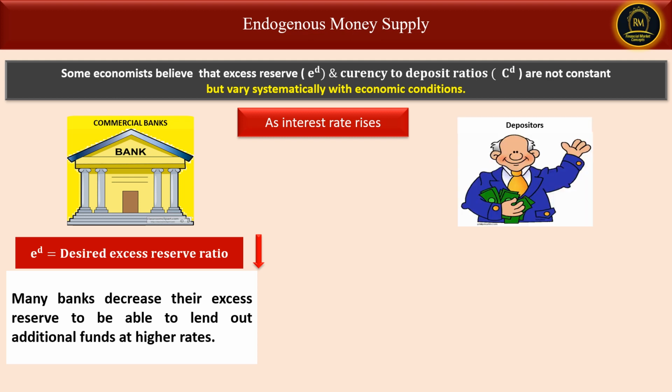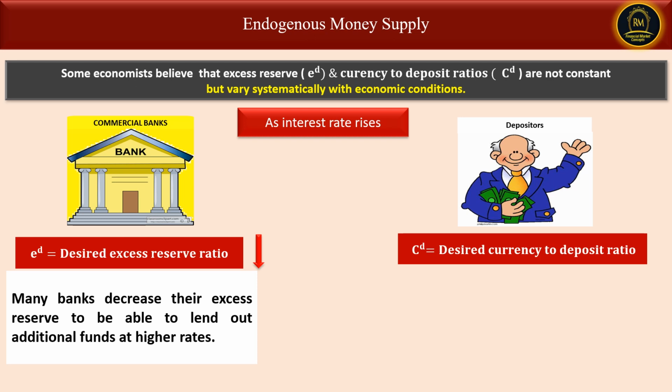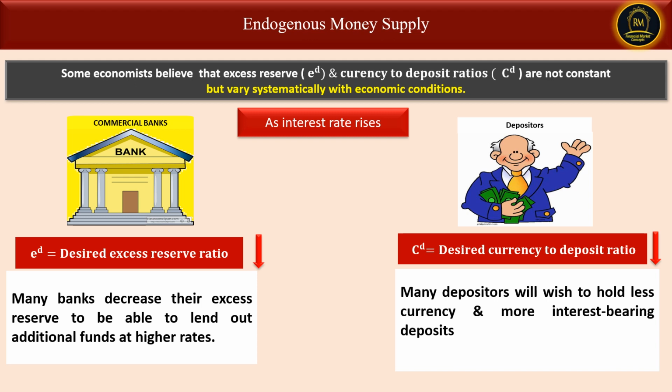On the other hand, depositors will also be ready to hold less cash in hand. The desire for currency to deposit ratio will fall. Why? Because many depositors will wish to hold less cash and more interest-bearing deposits to earn greater interest income.